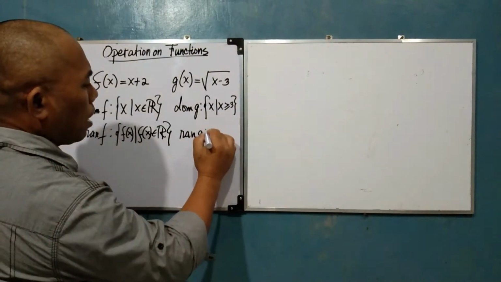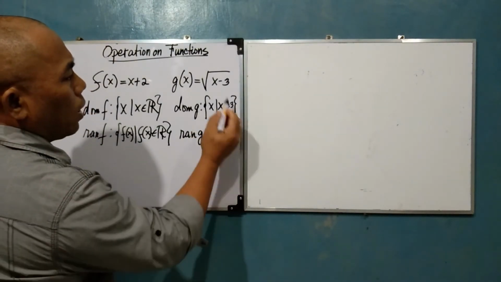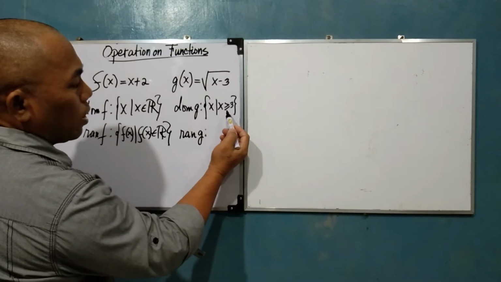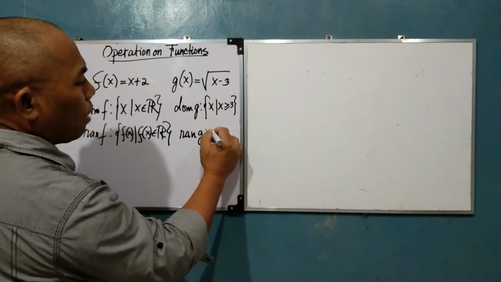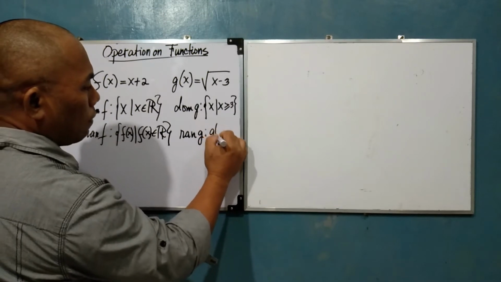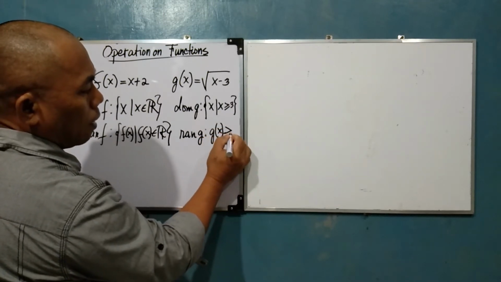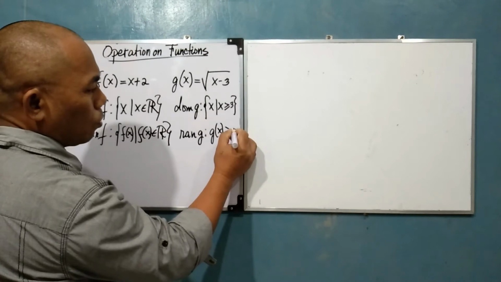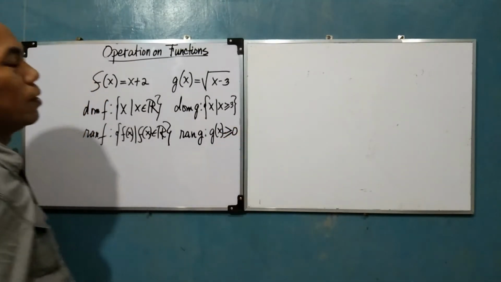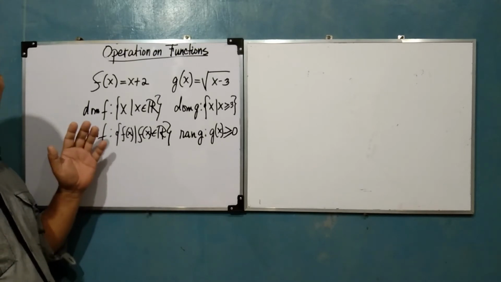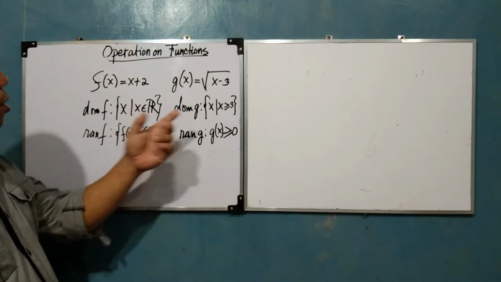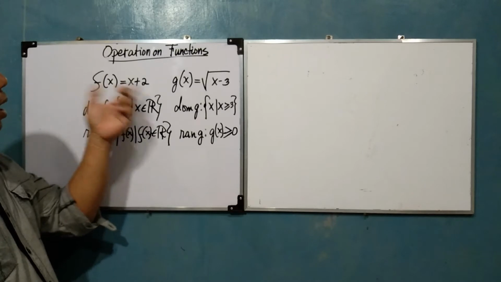Again, when x equals 3, the smallest value is 0. So our g of x values are greater than or equal to 0. Okay, so we just determined the domain and range of the given functions f and g.